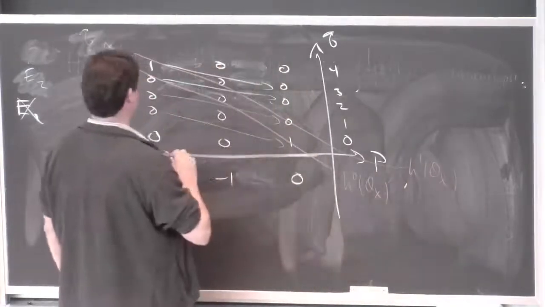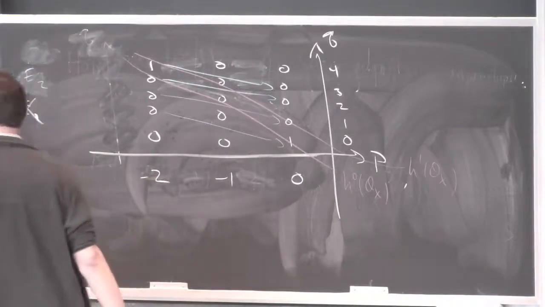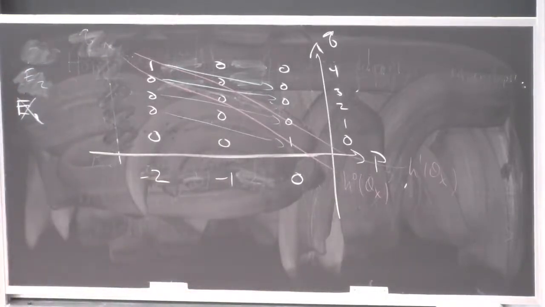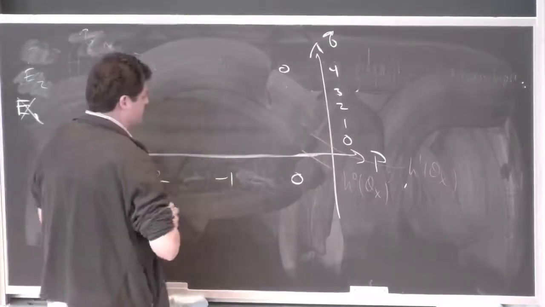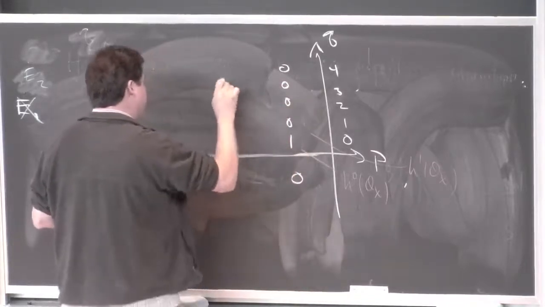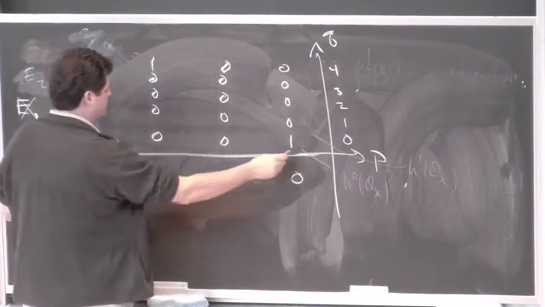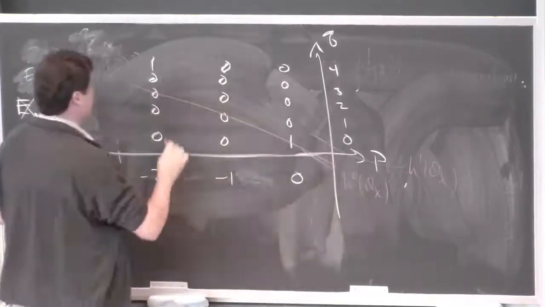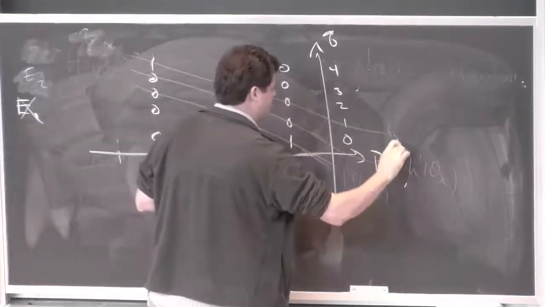And this one, I missed. Sorry. Let me draw that right. So this diagonal computes H0. This diagonal computes H1. This diagonal computes H2.